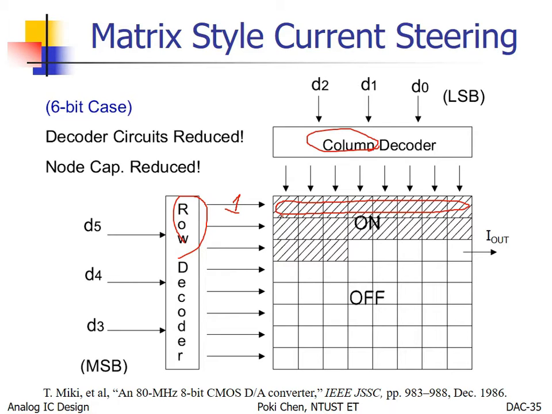For example, if you have 1, 1, 0, 0, 0, and so on, all the rest zeros, all the rows with 1 are turned on. For the first 0, what does it mean? If it looks back to its neighbor, it is 1. You are 1, I'm 0.